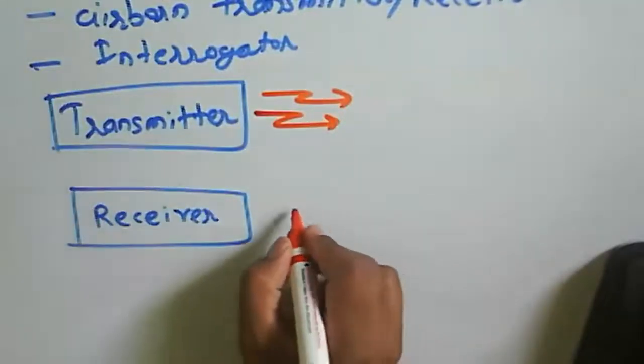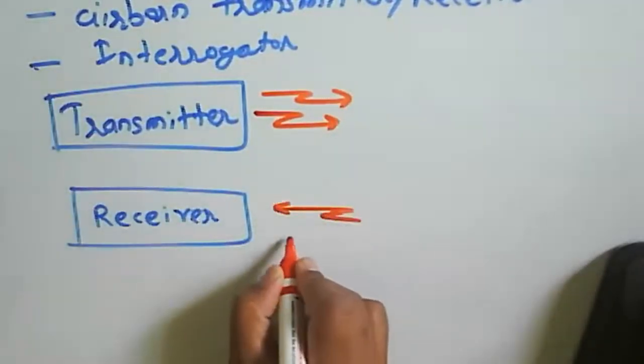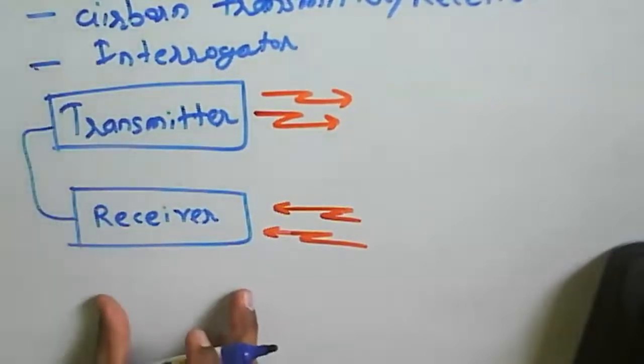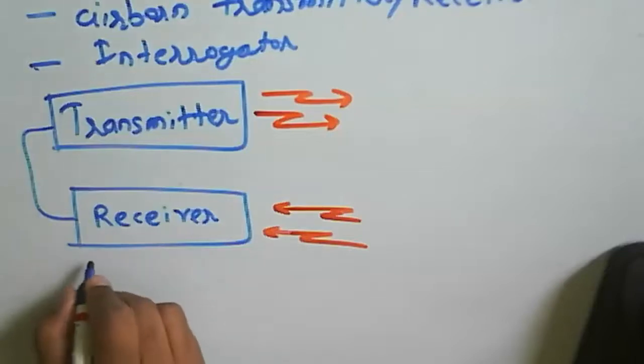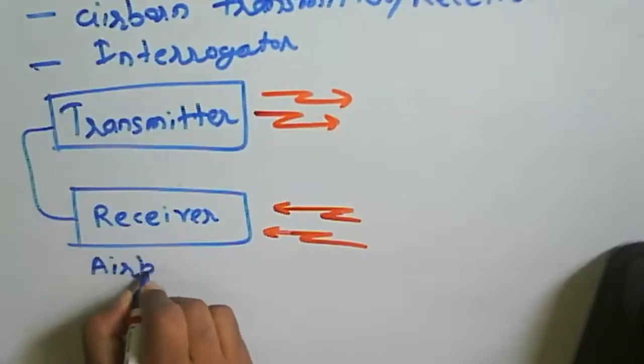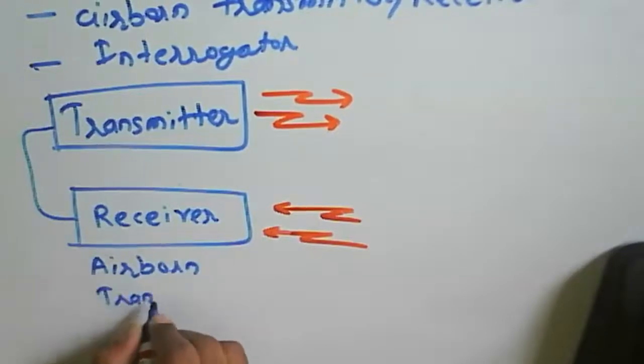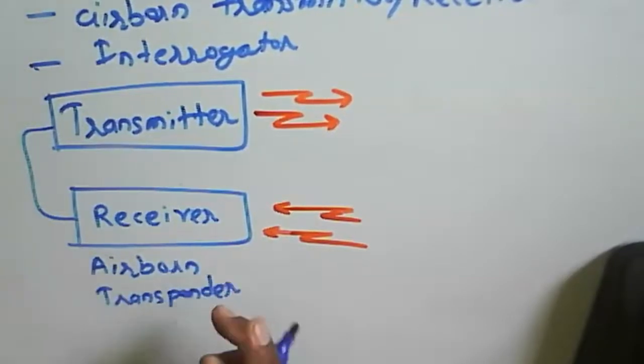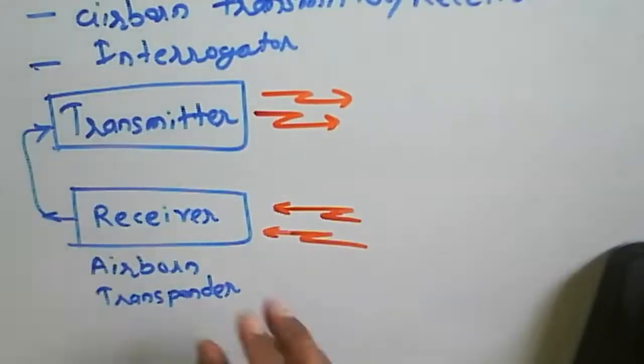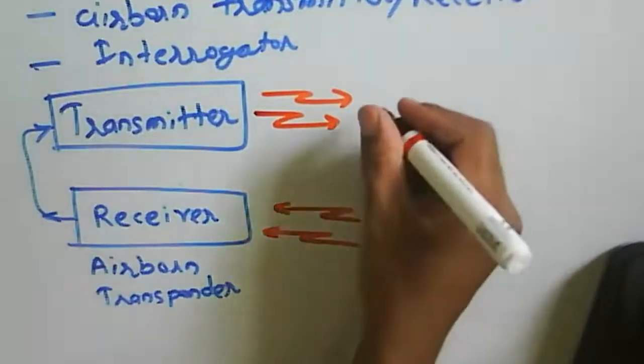This is the portion that is available in the aeroplane: the airborne transponder. A transponder means both the transmitting action and the receiving action take place in it. This one is a receiver, where the signal is received, and then we have a DME. In the DME we can consider there is a receiver.